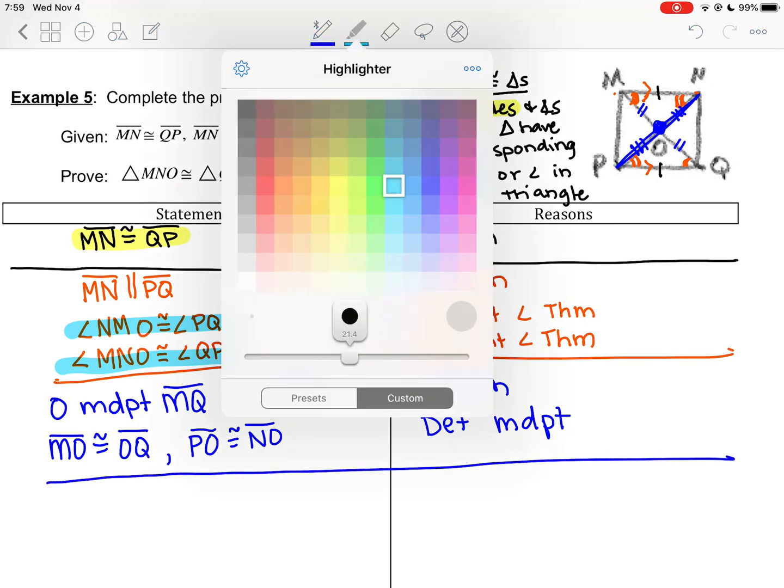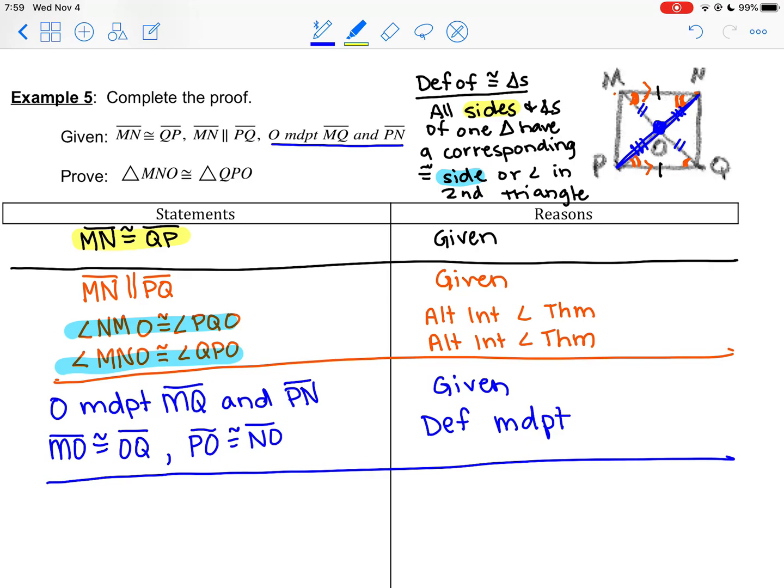All right, so just doing a check on what we have. I now have all three sides listed as corresponding parts. So I've got three sides, but I still only have two angles. So I have one more set of angles that I need to say are congruent, and that's going to be the angles right here in the middle.